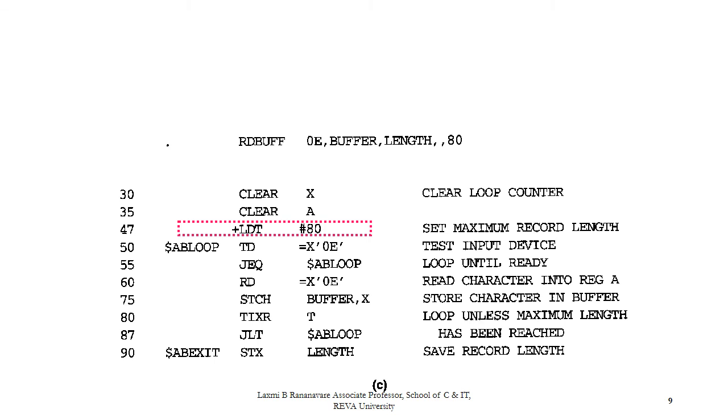Once it comes out of this loop, it is going to store the length of the record. X is pointing to the last character which is read, and that will be considered as the length, and whatever value is present in X register we are going to load it in length.